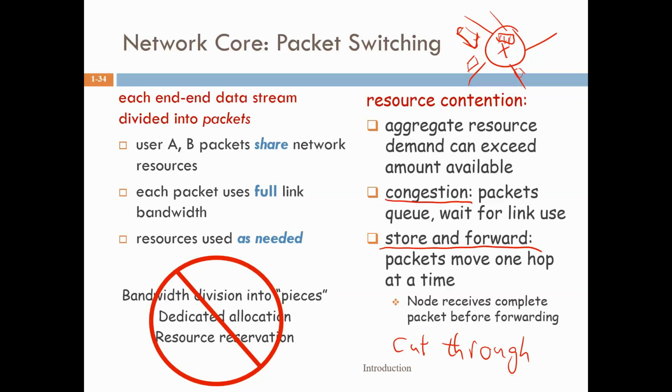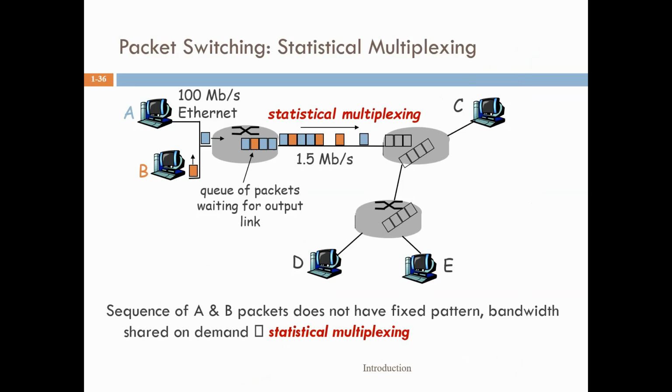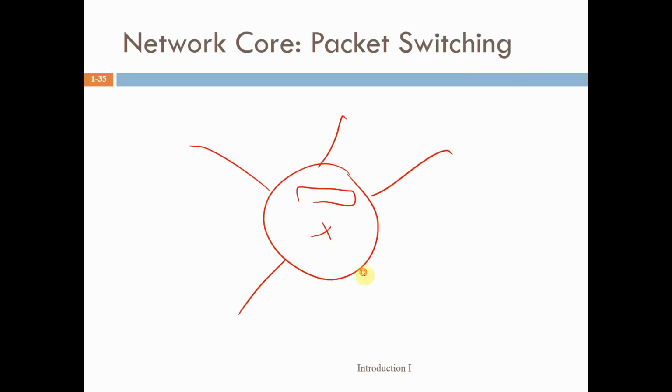This is actually the case with packet switching. What it essentially means is that there is no guarantee for resources. That means if this is the router and this is the queue, at any given time, you do not know who is sending packets to the router.